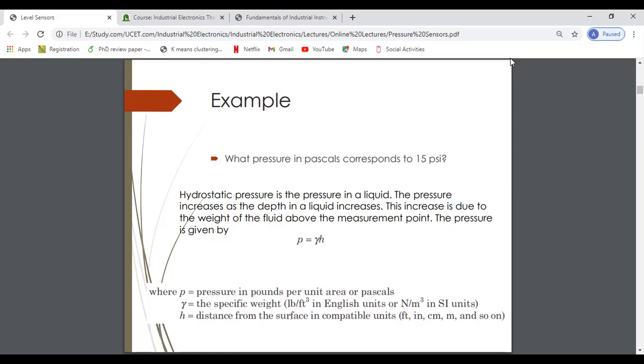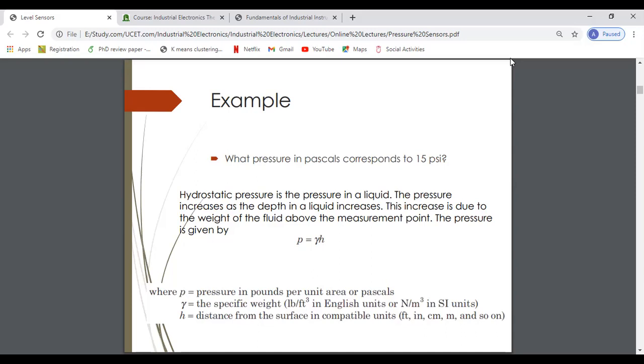And in different English units, different quantities have been made. For example, this example is given: what pressure in Pascal corresponds to 15 pounds per square inch? We have to find out the value.